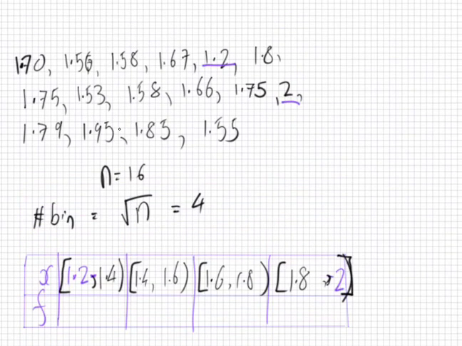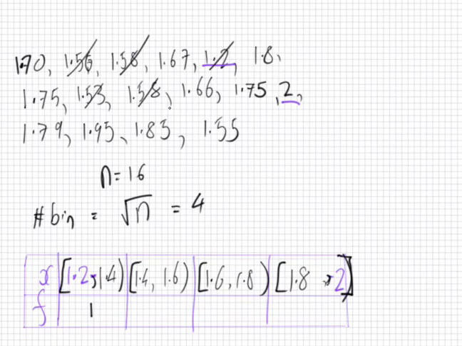Okay, so now we can fill in. How many from 1.2 to 1.4? So let's see. 1. Just the 1? Okay. Now 1.4 to 1.6. So now 1, 2, 3, 4, 5.